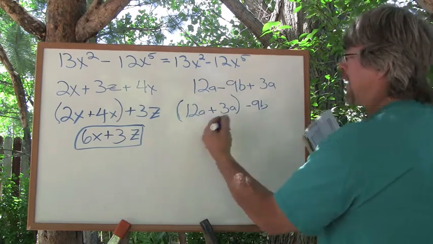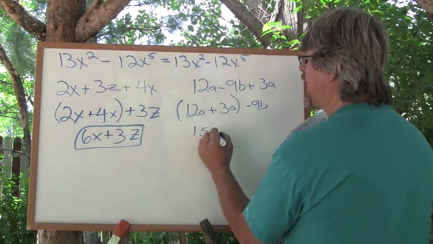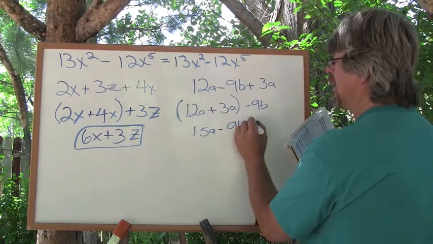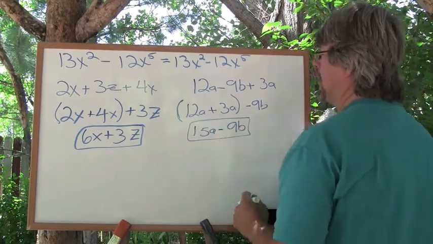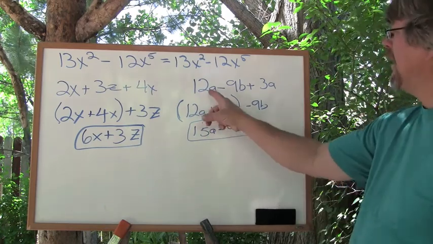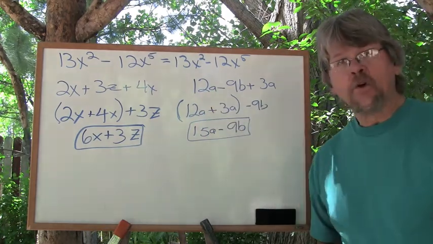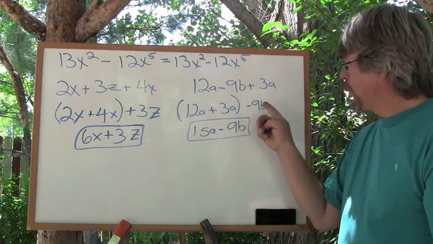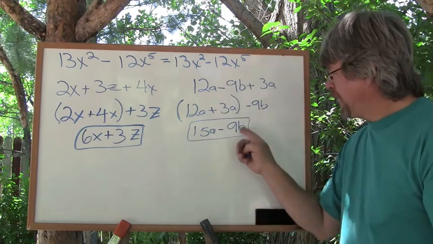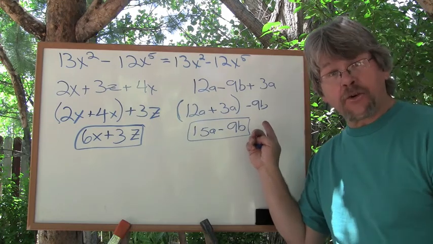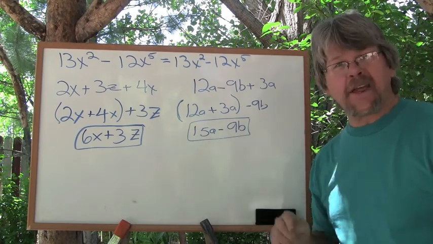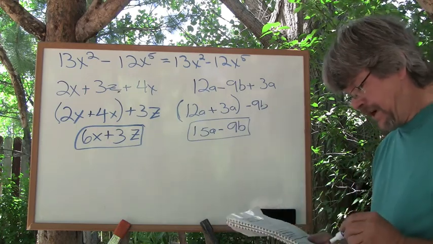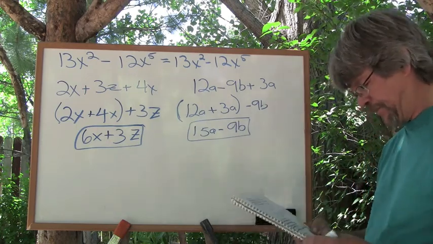So 12a and 3a is 15a, and then we have a subtract 9b, and that is your answer. That is as simplified as this expression can get. We combined the two terms that were alike and added, and then we brought along the negative 9b because that is part of the answer. It just can't be combined anymore with the a. And that's how you answer that question. Very important to know this.